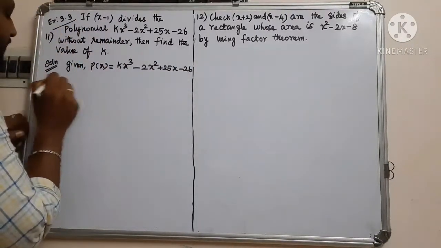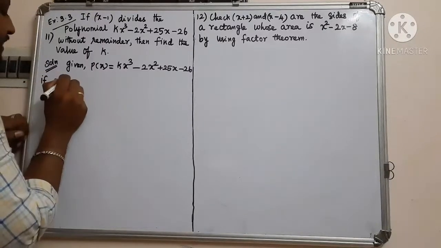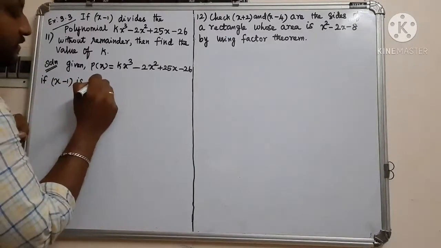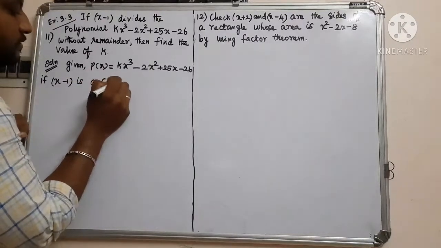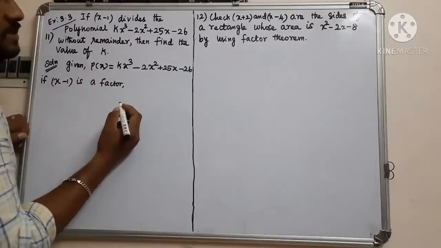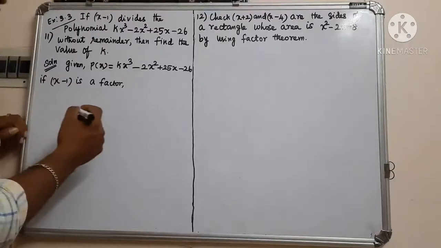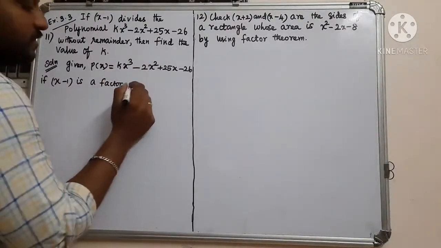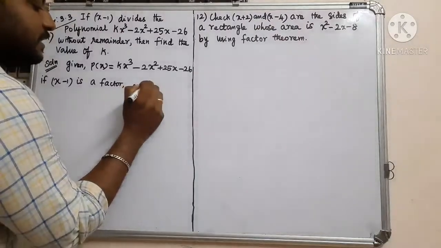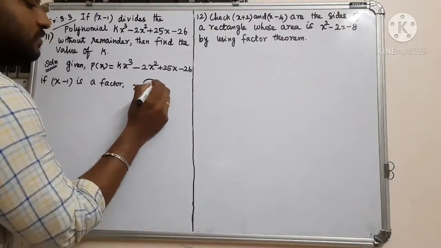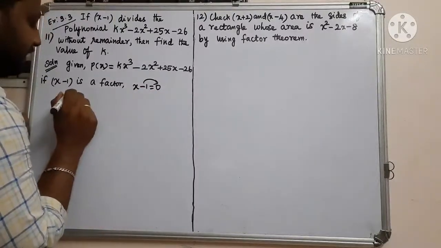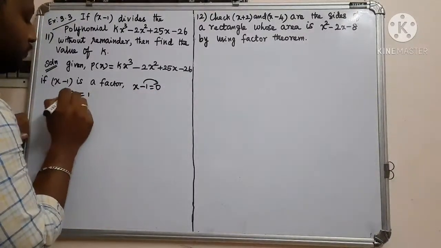If x minus 1 is a factor, that means using the factor theorem, the remainder must be equal to 0, that is x minus 1 is equal to 0. So minus 1 should change into plus 1. So x value must be equal to 1.